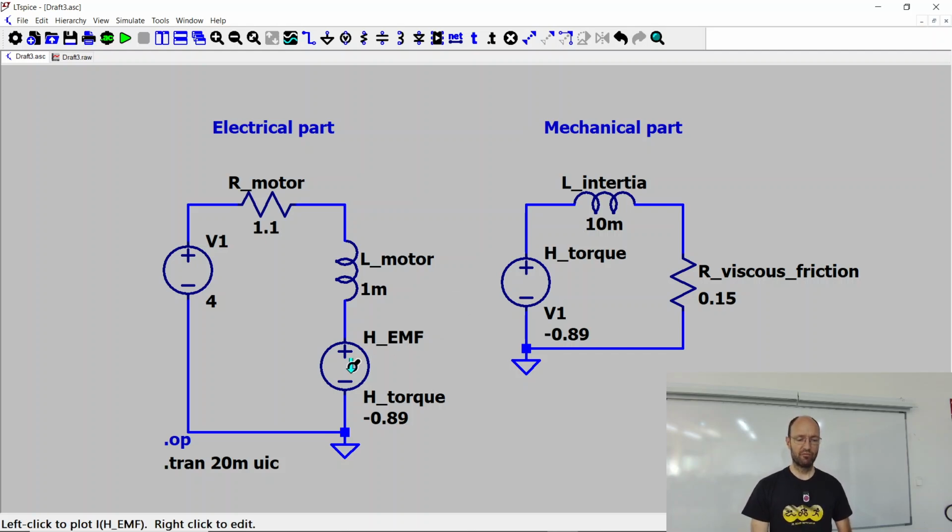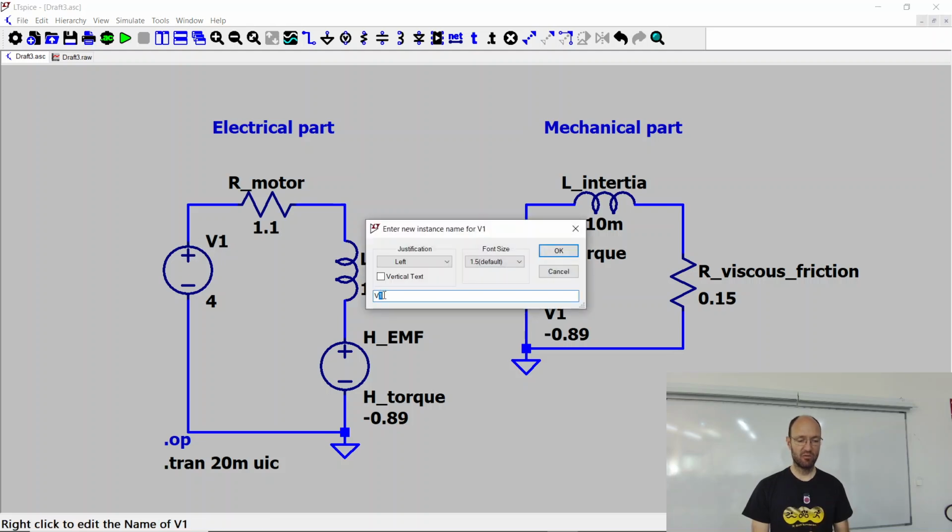And we have a controlled source for the counter electromotive force. We have a source for the torque. And we have this, the source of our battery or whatever.